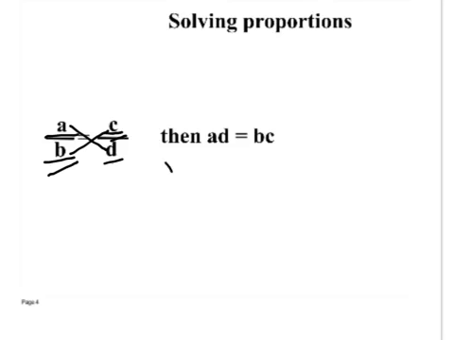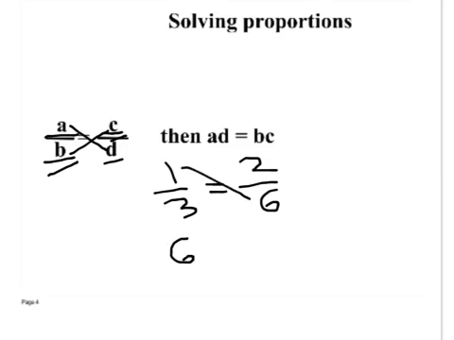Let's try it. 1/3 and 2/6. Are these proportional? Do we know these are proportional? Yes, because they both reduce down to 1/3. Well, let's see. If I multiply these and multiply these, are they equal on both sides? Yes, they are.